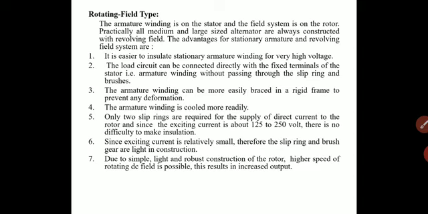So when the rotor rotates, they generate sparking.